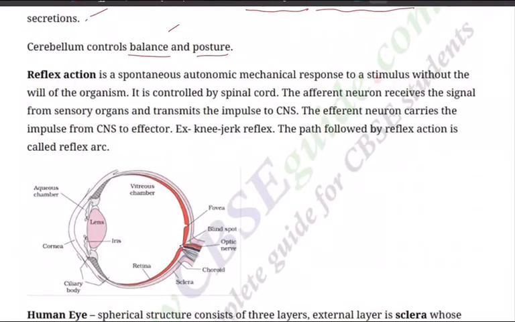Here in all this, there is no involvement of the brain. Where there is no involvement of the brain, only your backbone decides the action to be taken, and the body responds as per the directions of the backbone, then we say it is reflex action.